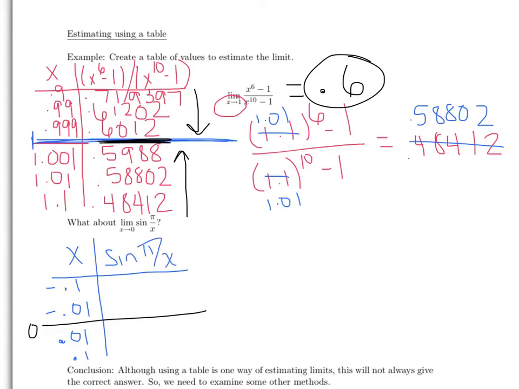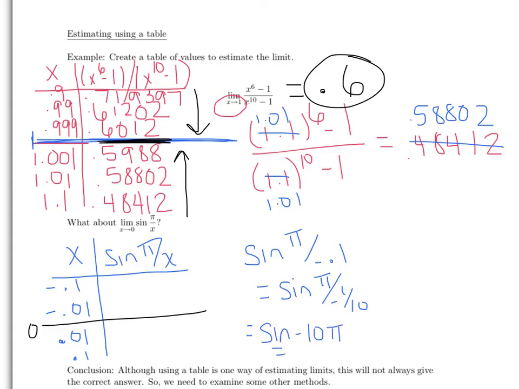If you think about this, this is sine of pi over negative 0.1. That would be the same as sine of pi over negative 1 over 10. If you simplify that, that's really sine of negative 10 pi. And if you remember, sine of negative 10 pi on the unit circle is going to be 0, because you're at one of those spaces on the unit circle where sine is 0.